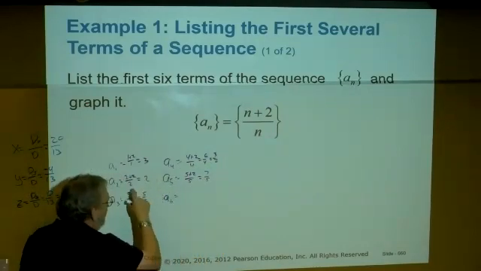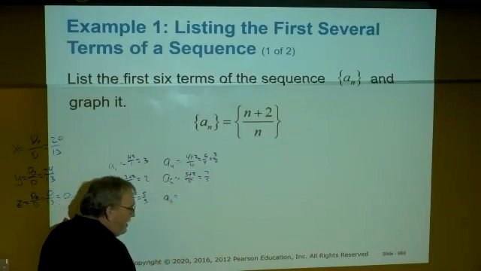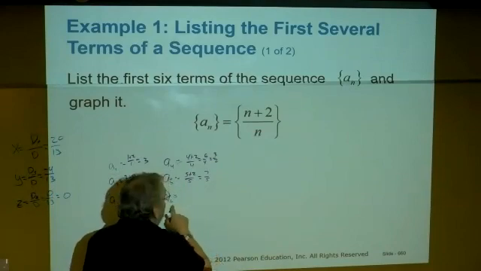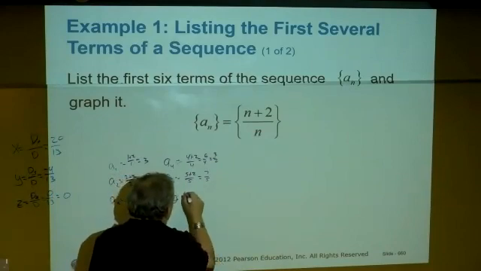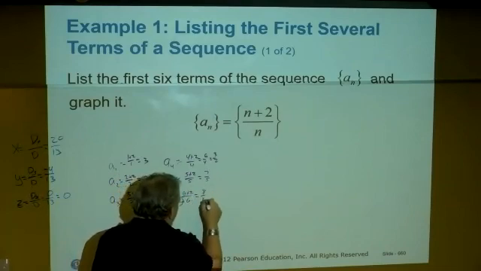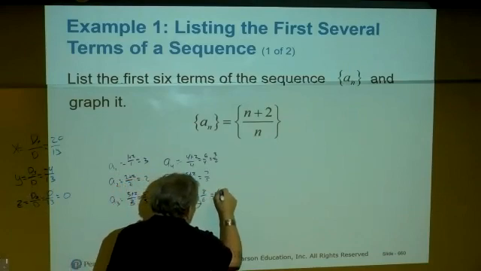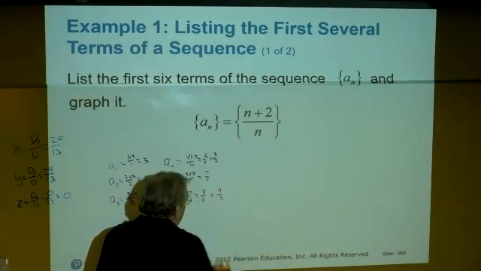If you can simplify the fraction, simplify the fraction. Otherwise, don't mess with it. And then putting 6 in for n, we get 6 plus 2 divided by 6, which gives us 8 over 6, which is 4/3.